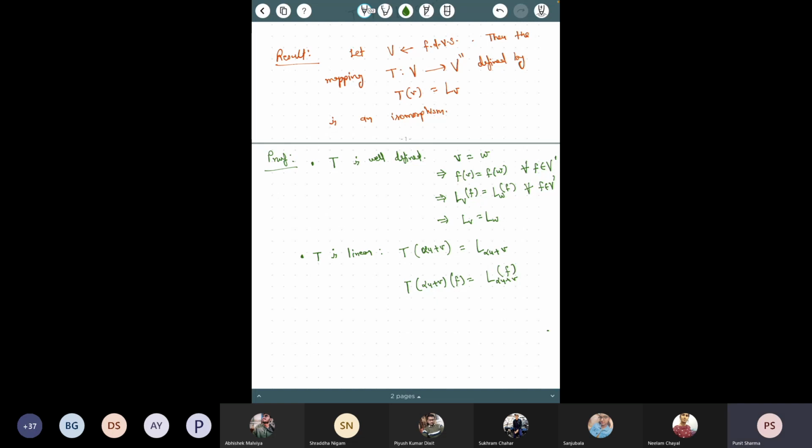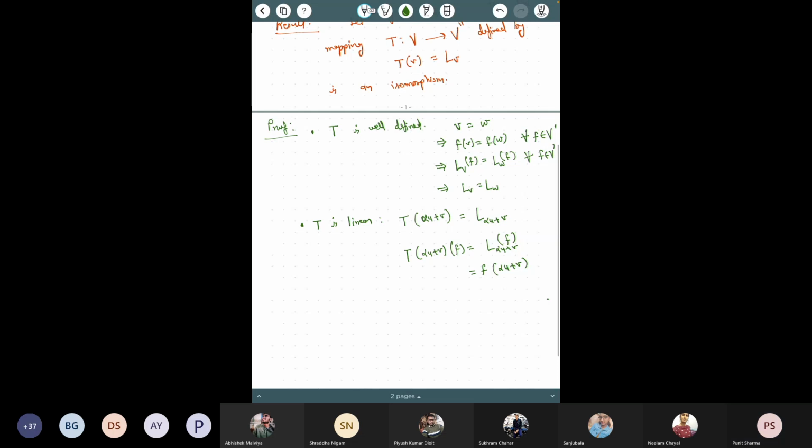But then what is the right hand side? By definition, it is f of alpha u plus v. This is for all f. Now what does it mean?